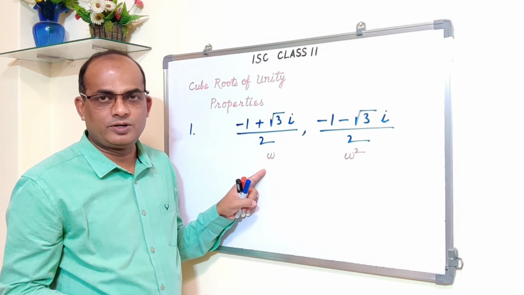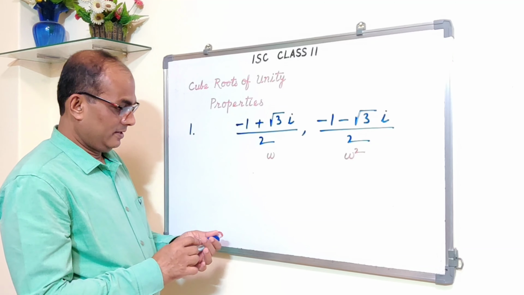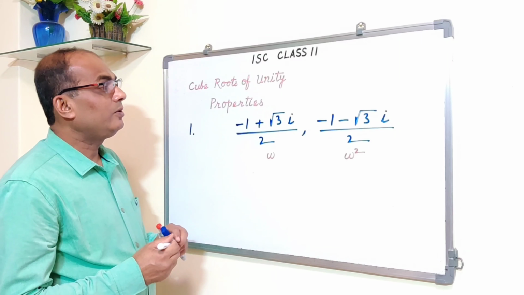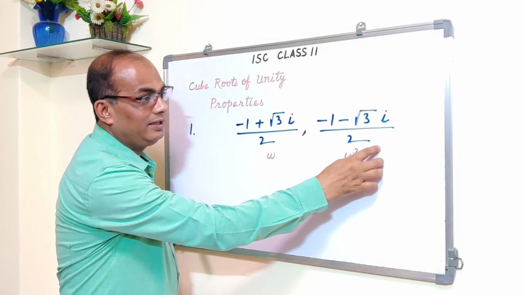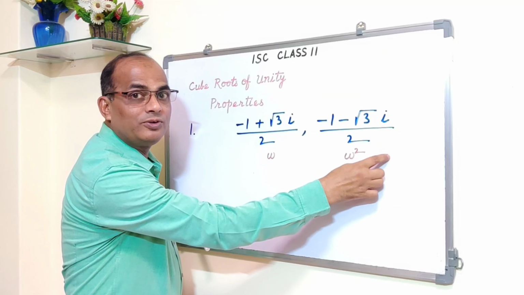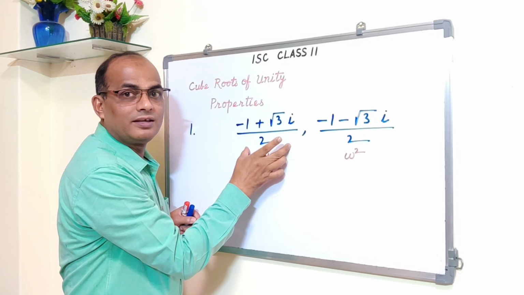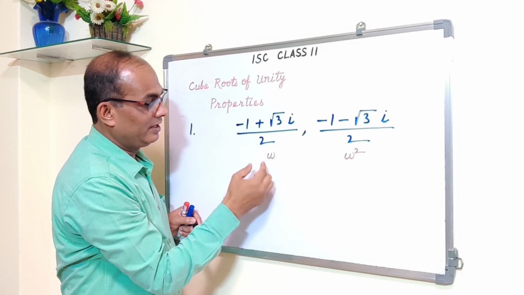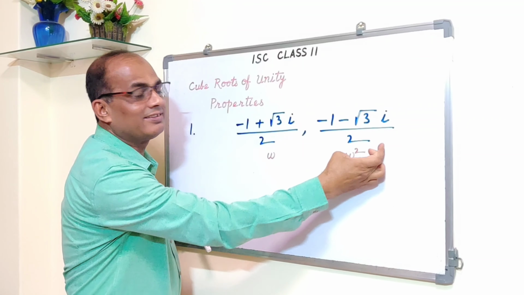I'm going to show it to you. So let's see. Each complex cube root of unity is the square of the other. Means the square of this is this. If this is omega, then the square of omega, that is omega square, is this.